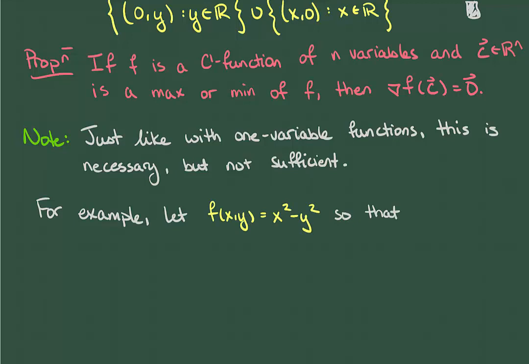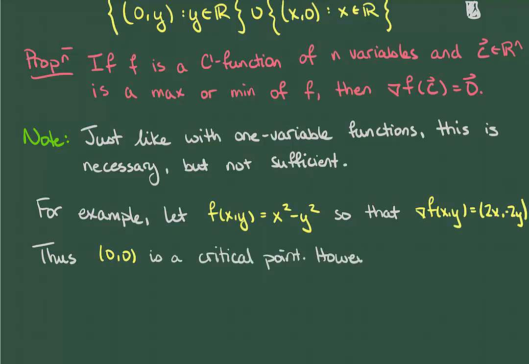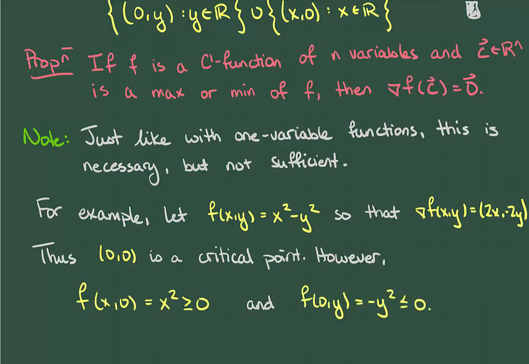The gradient is (2x, -2y), so that (0, 0) is a critical point with associated value f(0, 0) equals 0. However, looking at the points (x, 0), we see that it's easy to get numbers which are bigger than 0. And conversely, (0, y) will always give values less than or equal to 0. Since there are points nearby which are both bigger and smaller than 0, this can't possibly be a maximum or a minimum.